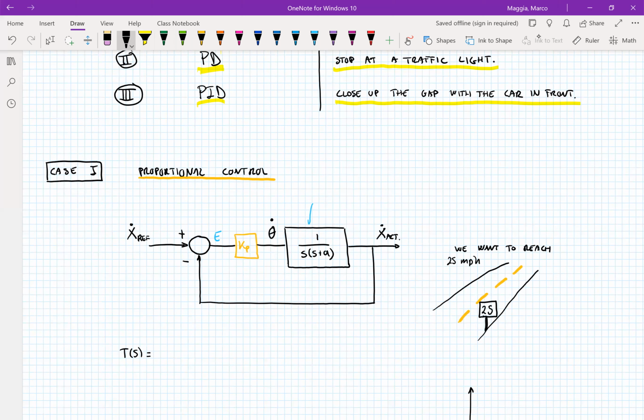So if you think about you being the controller, it's the signal that goes from your brain to your leg. Based on the difference between the actual velocity I'm going at and the reference velocity, the velocity I want to go at, I'm going to press down or release the gas pedal.